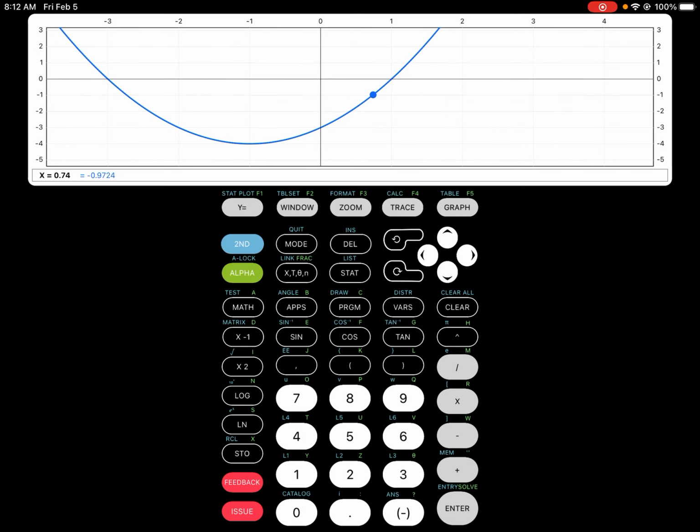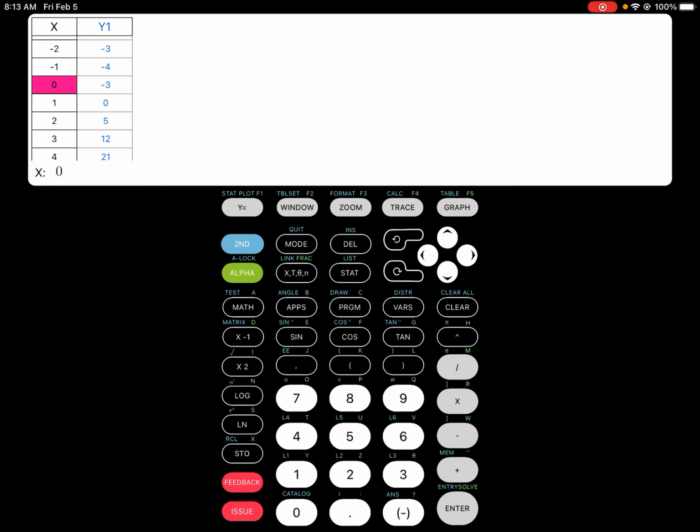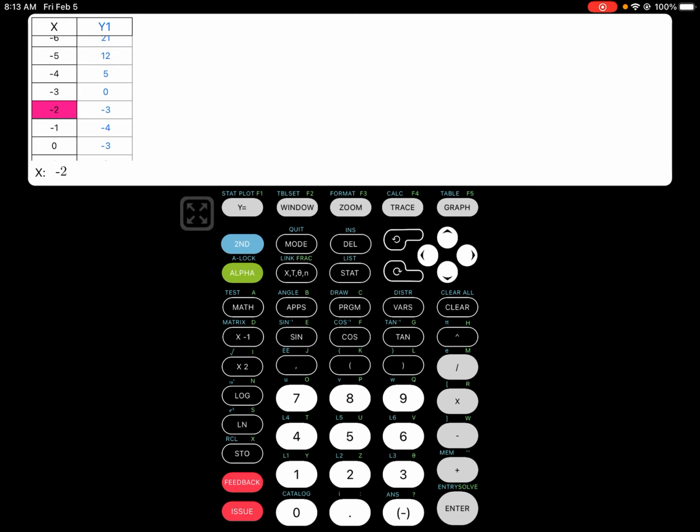All right, so we can see where it crosses, but I want to get a few more points so that the picture that we graph is a little more accurate. If we click second graph, it comes up with a table, and we can scroll and see some of those points.